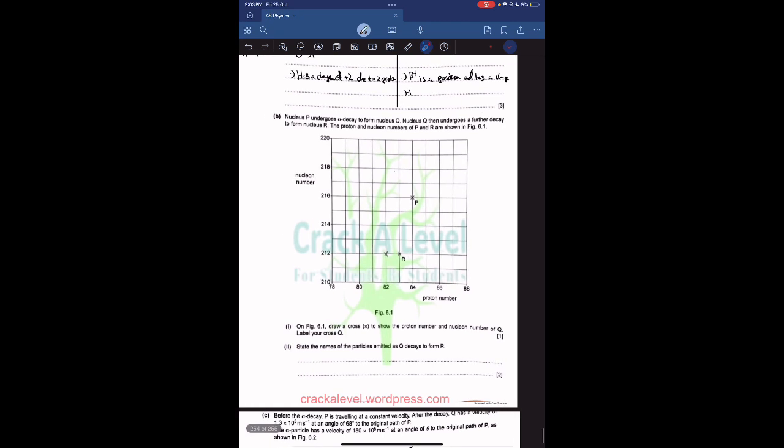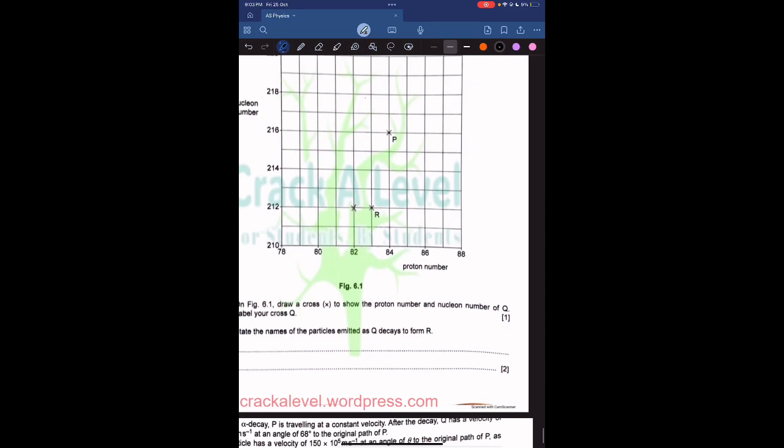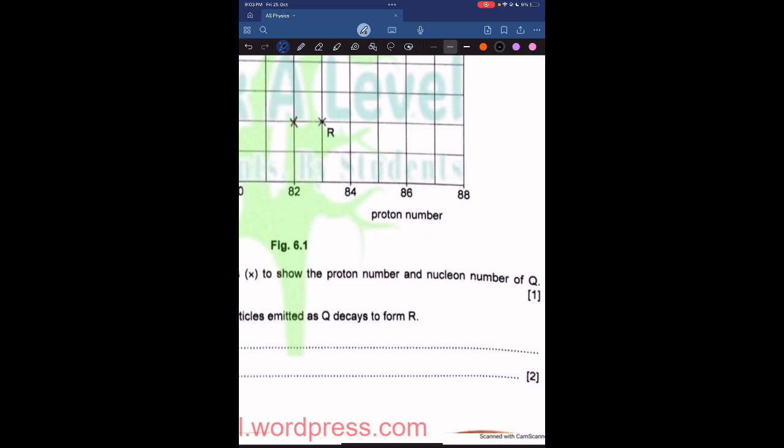It says draw a cross on the proton and nucleon number of Q. I've done that. State the name of the particles emitted as Q decays to form R. We know that beta negative is taking place.